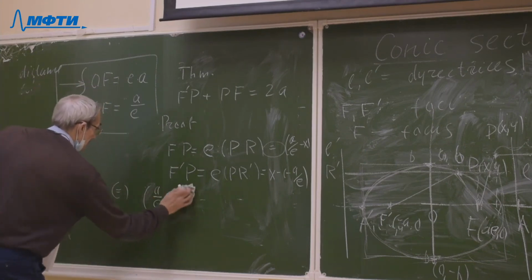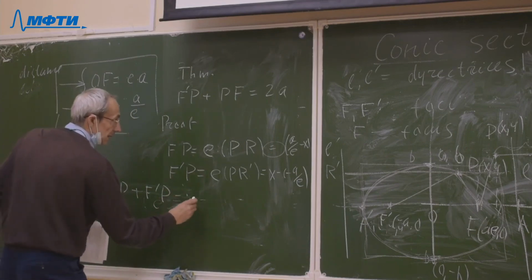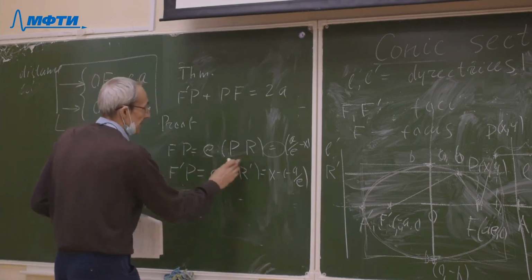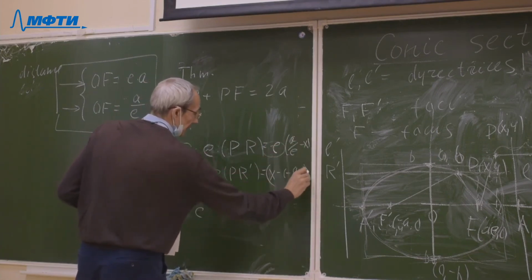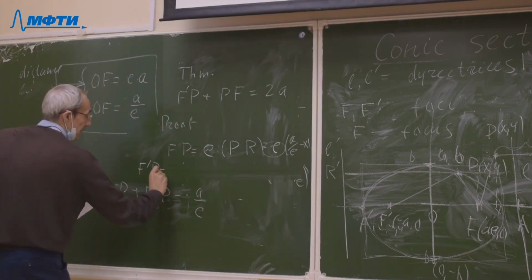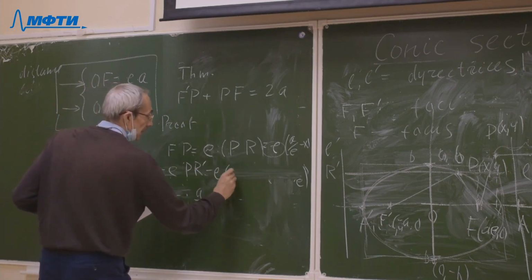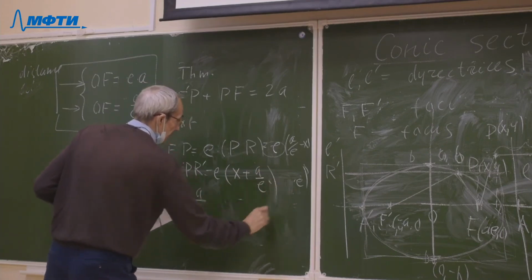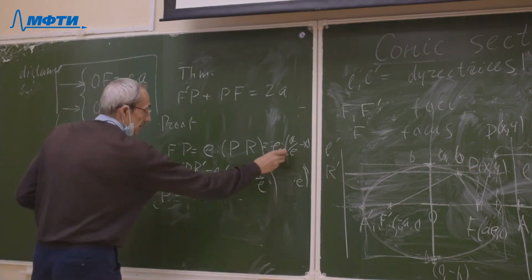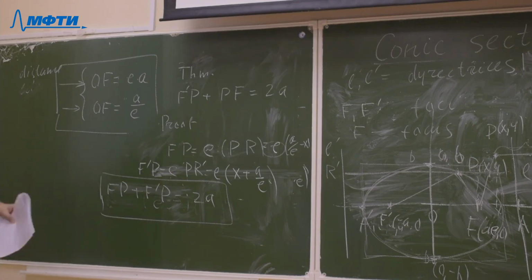This sum FP plus F prime P is equal to, excuse me, the product F prime P is equal to E PR prime is equal to E X plus the ratio A, and we obtain that the sum is equal to A, and we obtain this theorem.